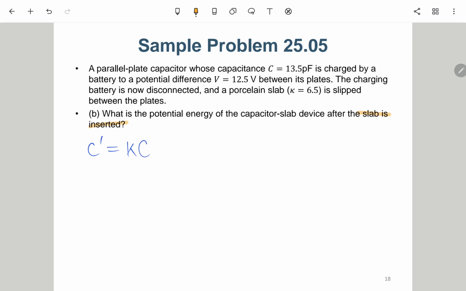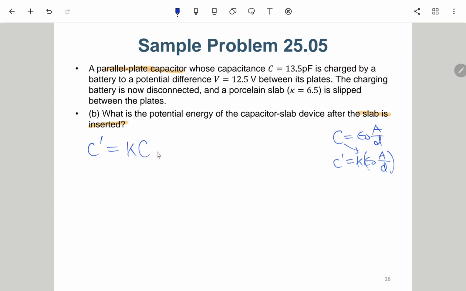The reason is because this is a parallel plate capacitor. So the equation will be something like C equals epsilon naught A over D. Originally, it should be something like that. And after inserting the slab, C prime will become kappa times epsilon naught times A over D. Okay, so this is actually this C. So we can write it as C prime equals kappa C.